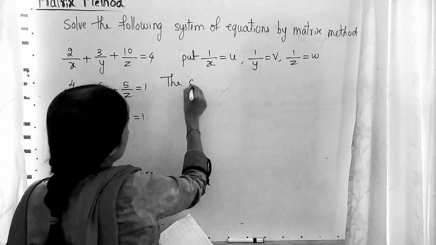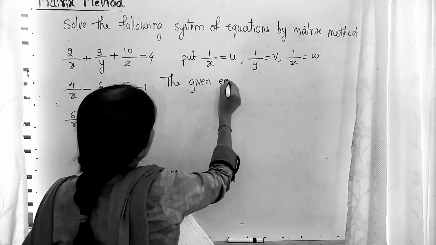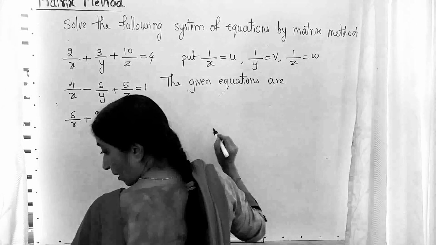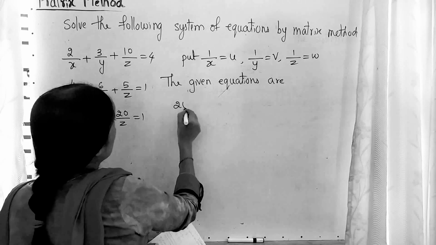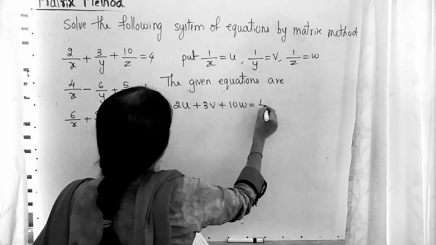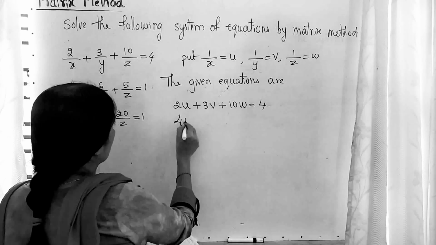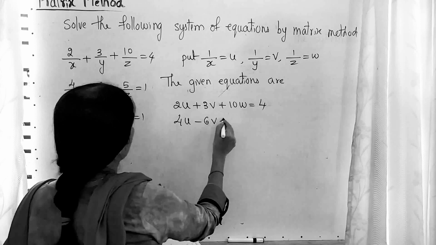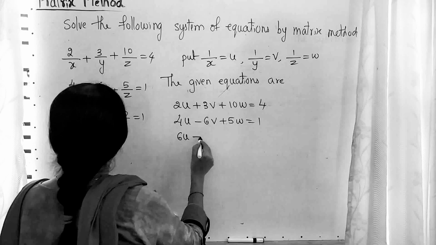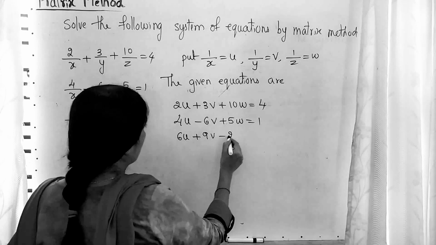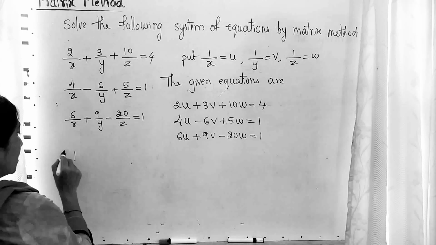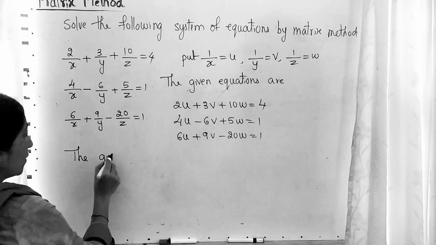The given equations are 2u plus 3v plus 10w is equal to 4. Next, 4u minus 6v plus 5w is equal to 1. 6u plus 9v minus 20w is equal to 1. Understood?